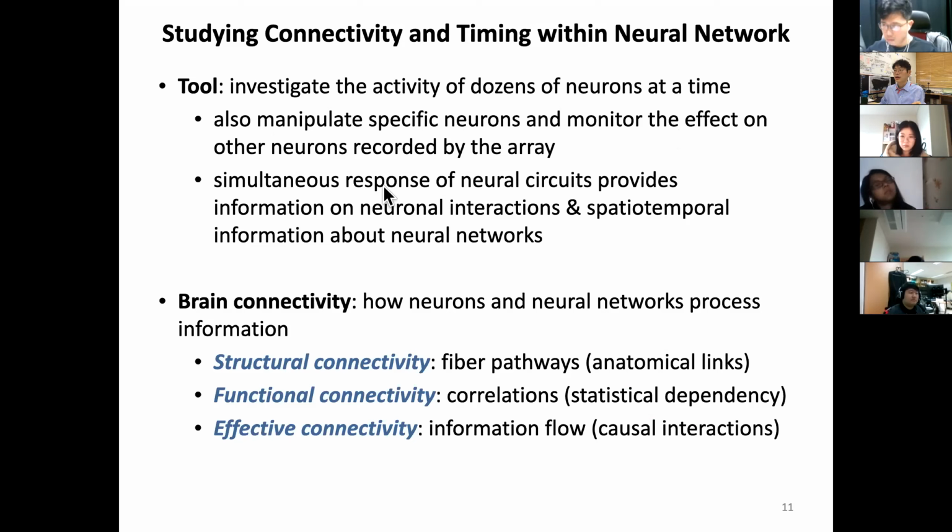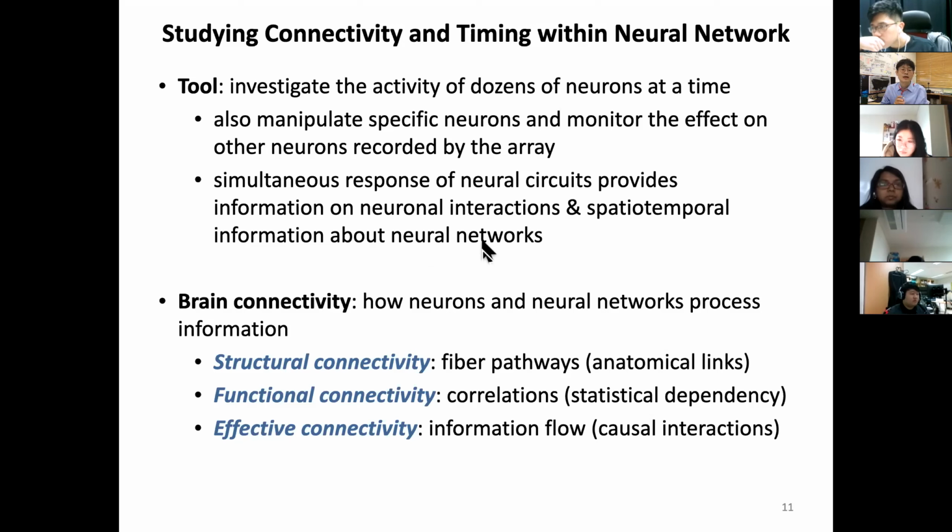And simultaneous responses of a neural circuit provide information on neuronal interactions. You can have not only one electrode but multiple, and the other neurons. You can actually find the interactions among and between neurons, and spatial temporal information about neural networks.